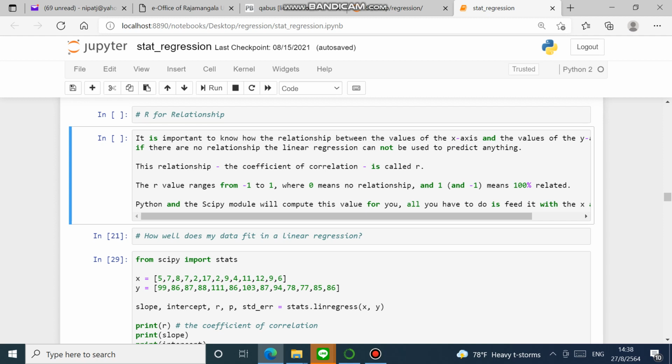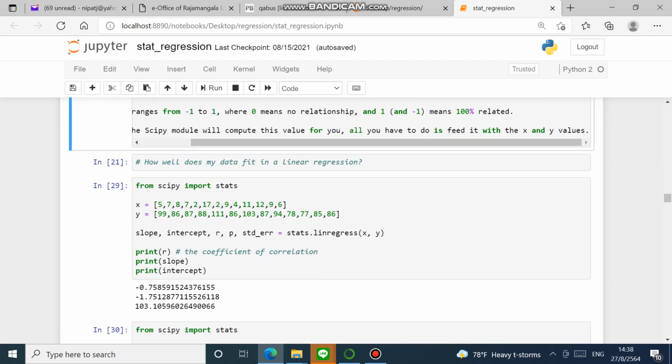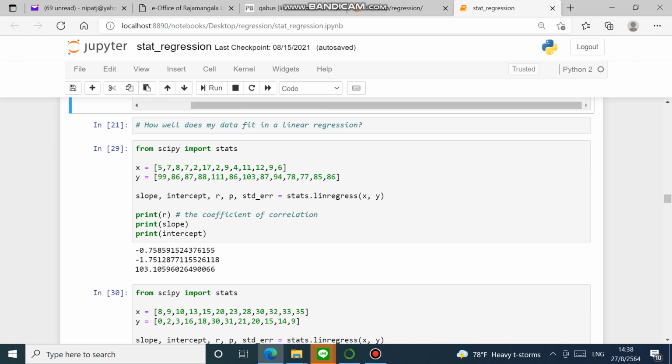Python and the SciPy module will compute this for you. All you have to do is fit it with the x and y values. Very easy. How well does my data fit in a linear regression?